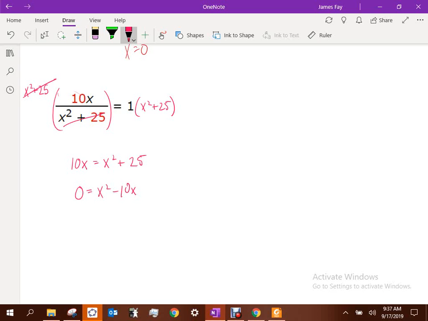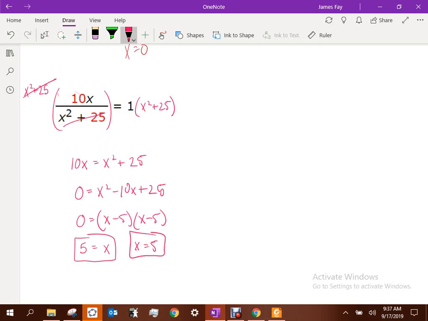I'll move the 10x over, so it's going to be x minus 5, x minus 5. So x equals 5 twice.